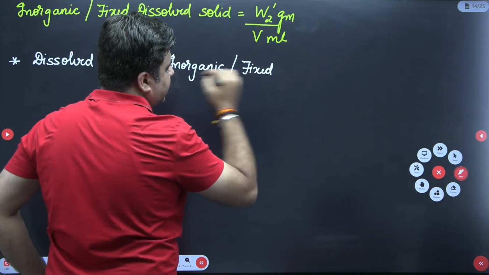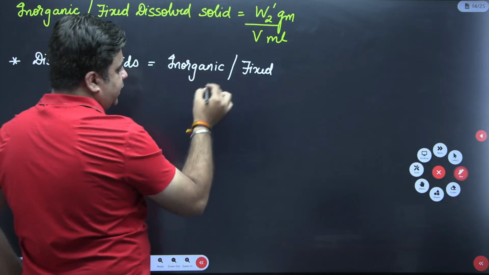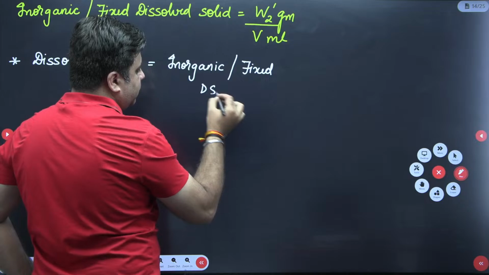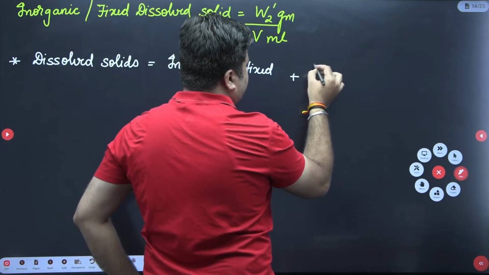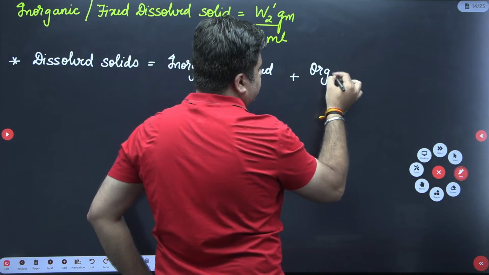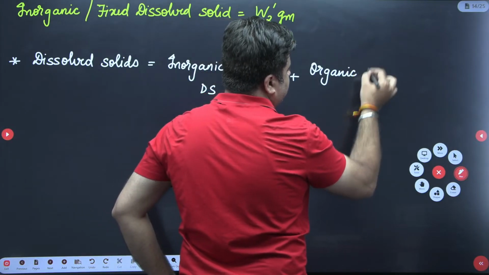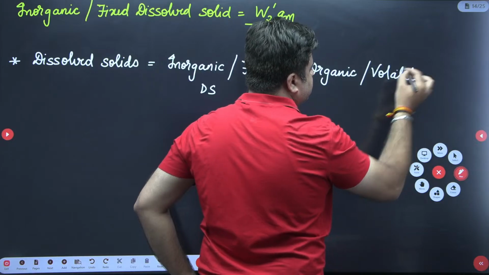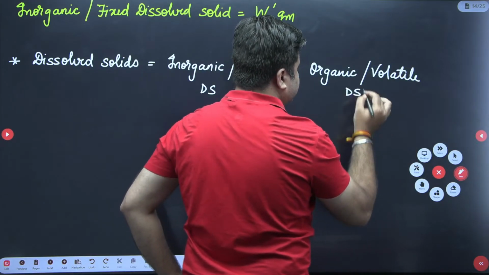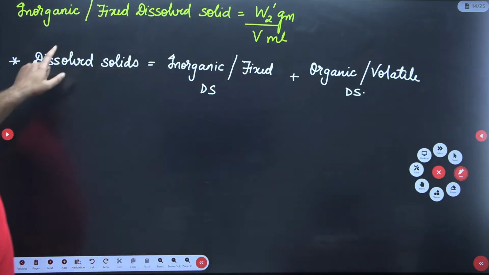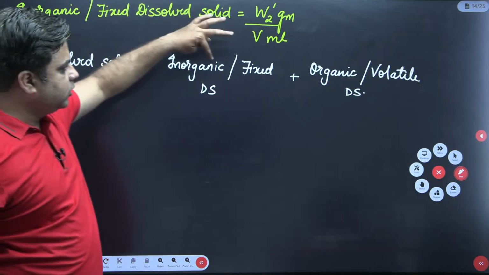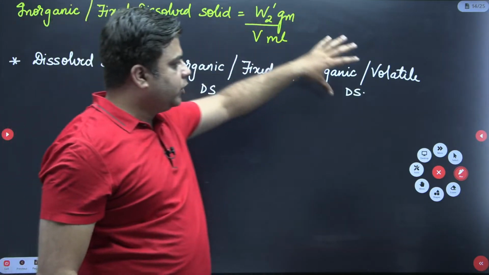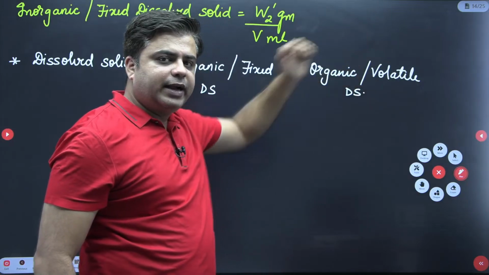So dissolved solids is the sum of inorganic or fixed dissolved solids plus organic or volatile dissolved solids. So you know the concentration of dissolved solids, you know the concentration of inorganic dissolved solids, you can calculate the concentration of organic dissolved solids.